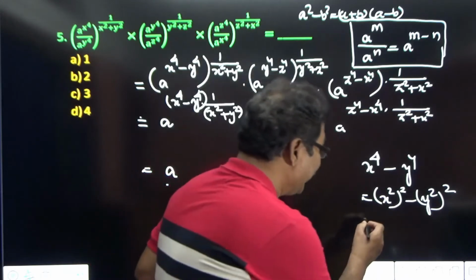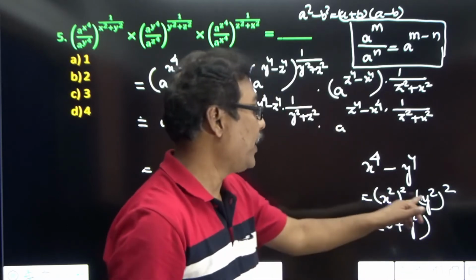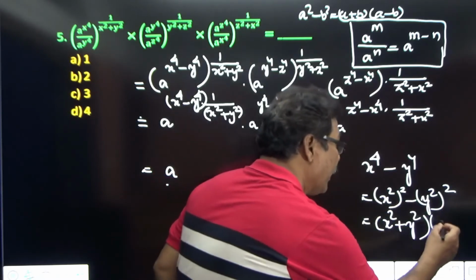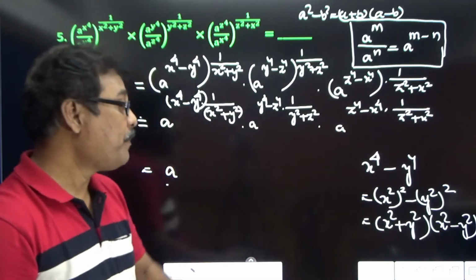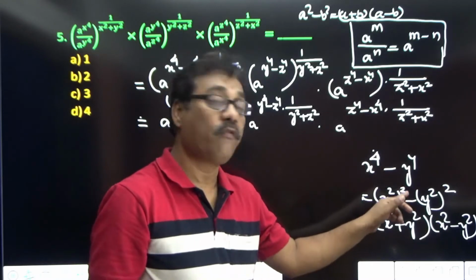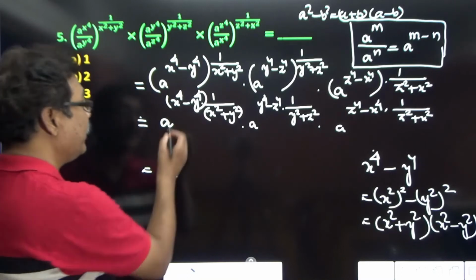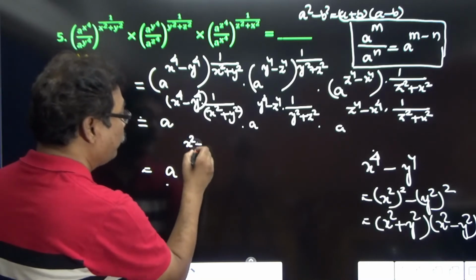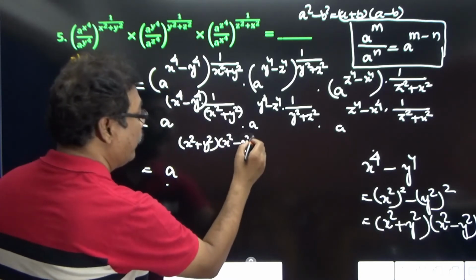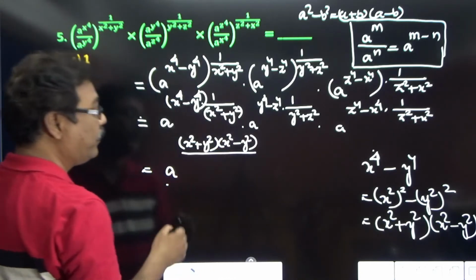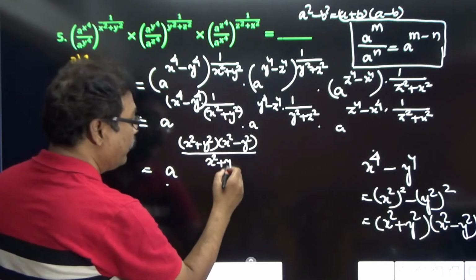So this can be written as x square plus y square, that is your a plus b, and x square minus y square, that is your a minus b. So writing x to the power 4 minus y to the power 4 like that, we get x square plus y square into x square minus y square, divided by x square plus y square.